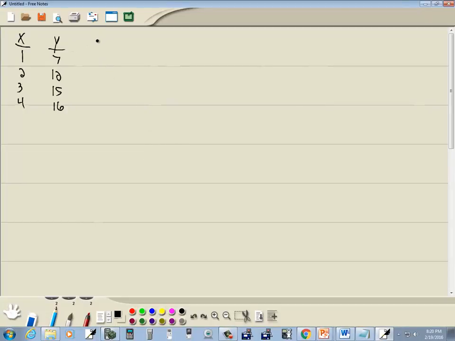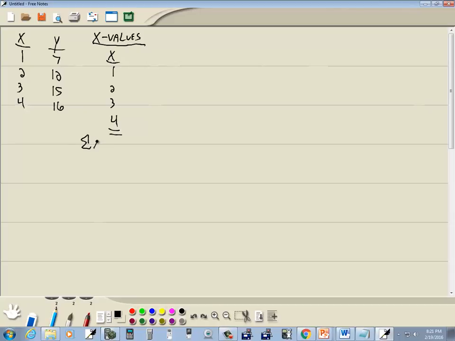So let's first look at the x values. I got 1, 2, 3, 4. To find the mean, I'm going to add those together.